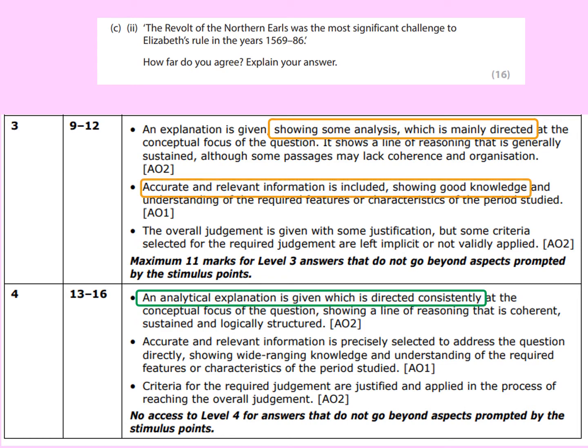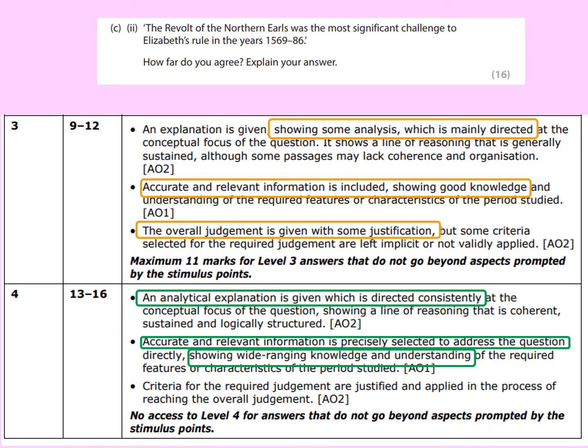Accurate and relevant information is included, showing a good knowledge. Compare that to this. Accurate and relevant information is precisely selected to address the question, showing a wide-ranging knowledge and understanding. So it's not like you're just writing everything that you know on the topic. You are selecting really good detailed knowledge that addresses the question directly. The overall judgment, so your opinion, is given with some justification compared to this.